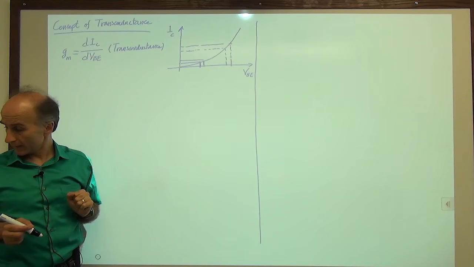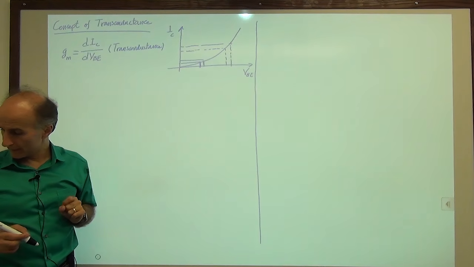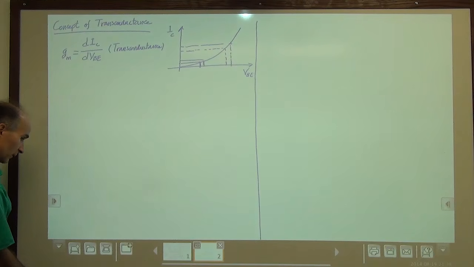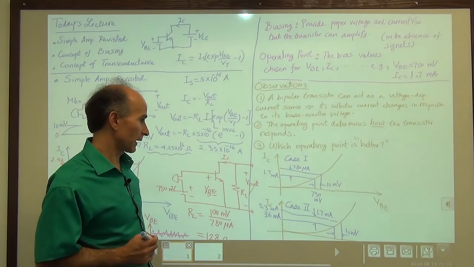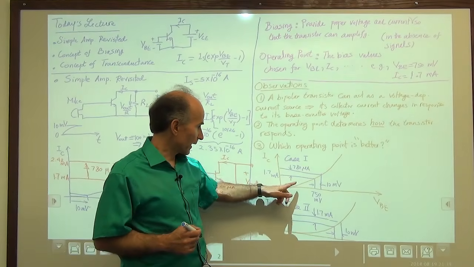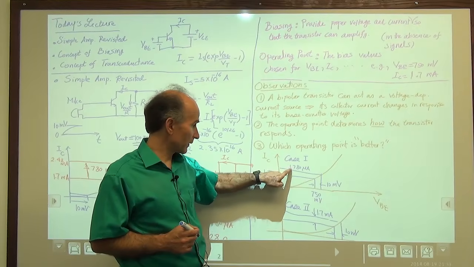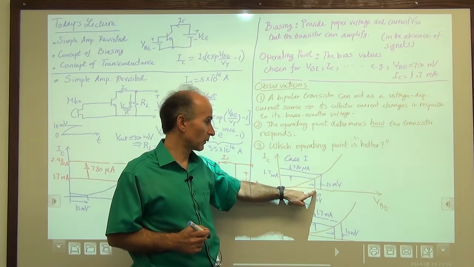All right. So we will play with this a lot in the future, but this is just a basic definition. And let's calculate the transconductance from our previous cases. So if I go back to the previous case, I can just write the transconductance values here. Can I calculate transconductance for case 1? Well, we have a certain increment in the current. Can divide that by a certain increment in the voltage.